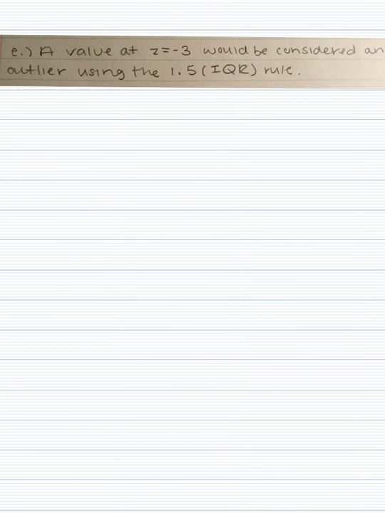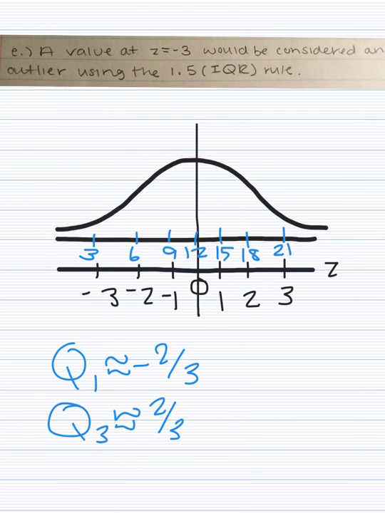Even though we said part D was incorrect, we want to be absolutely sure of our answer. So part E says a value at z equals -3 will be considered an outlier using the 1.5 times IQR rule. If we know that Q1 has a z-score of about -2/3 and Q3 has a z-score of about 2/3, we can approximate that Q1 is about right here and Q3 is about right here.